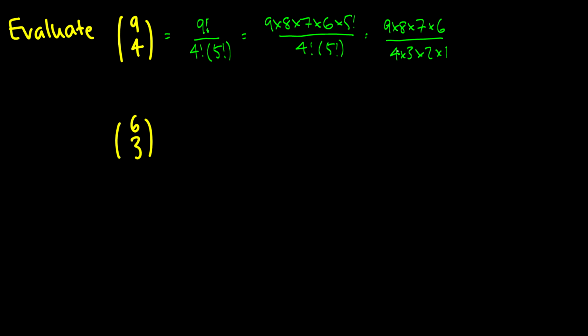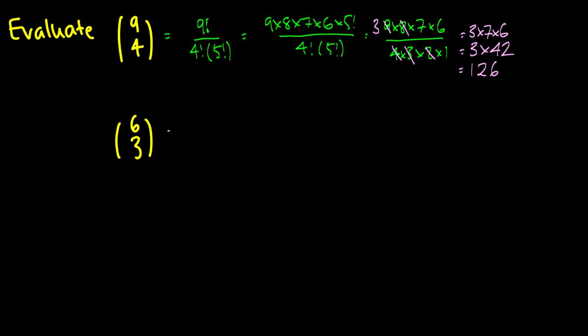We see that 4 times 2 is equal to 8, so we can cancel out the 4, the 2, and the 8, since that's the same thing as 8 divided by 8. And we can take the 9 and the 3, and we can simplify this. So we're going to get 3 times 7 times 6, which is a little bit more manageable, because that's 3 times 42, and that's just 126. So 9 choose 4 is 126.